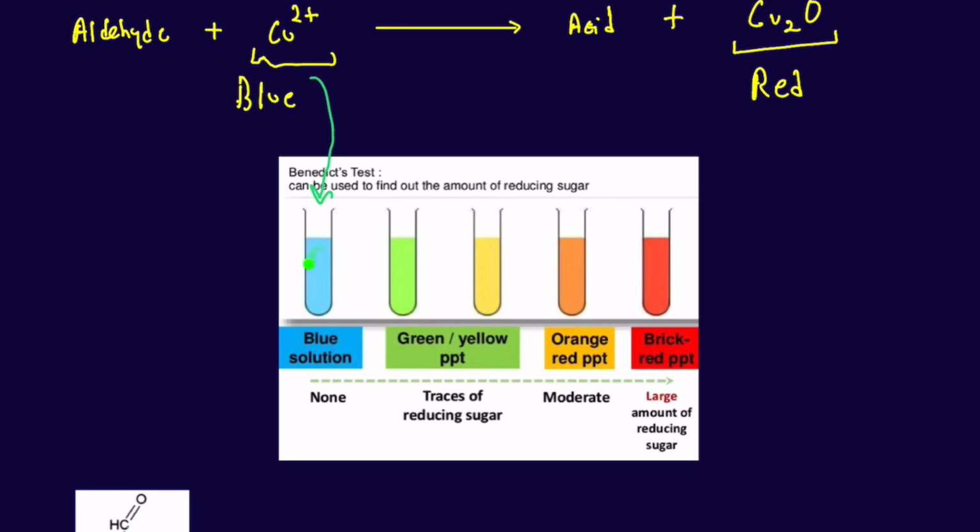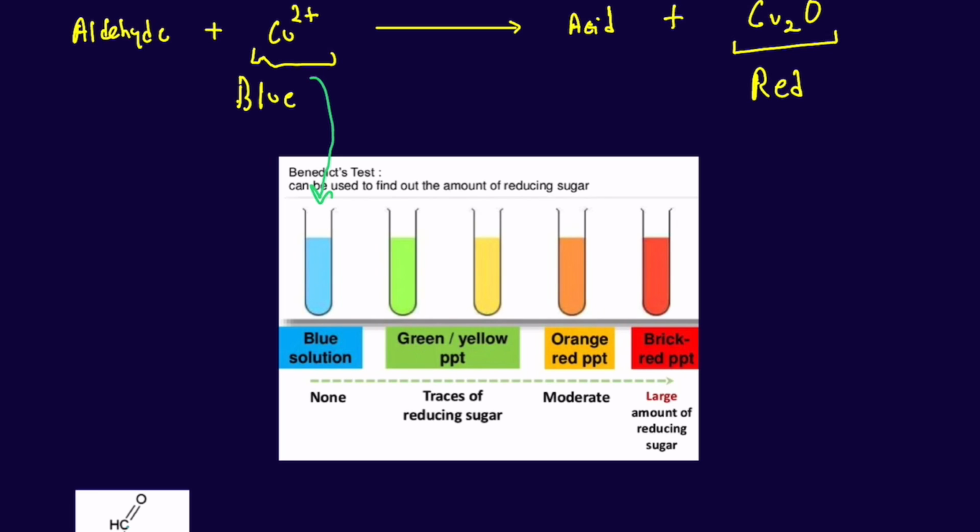Now, if you have a positive test, or some sort of sugar that has an aldehyde functional group, and it gets converted to an acid, but maybe there is only a trace amount or not a super high concentration, it will still change the color. You can see it get converted to a green, yellow, or orange color. That still tells you we have a small amount of aldehyde in there, maybe not a big amount.